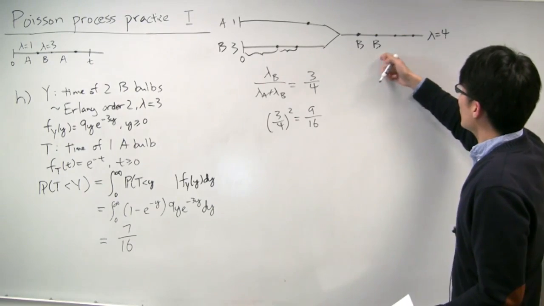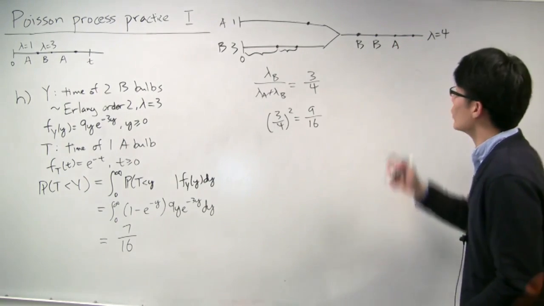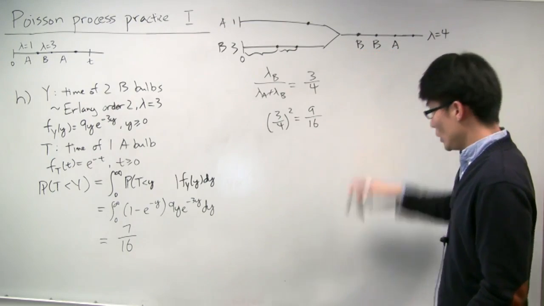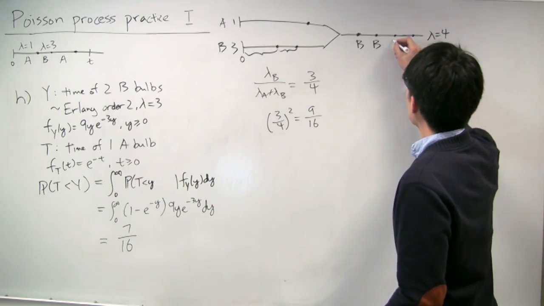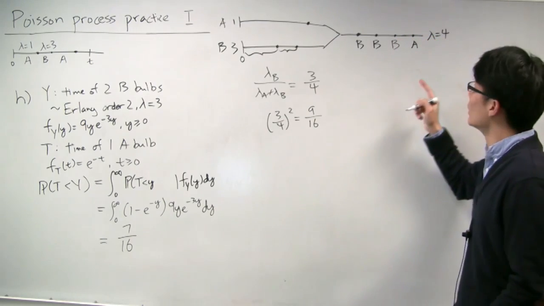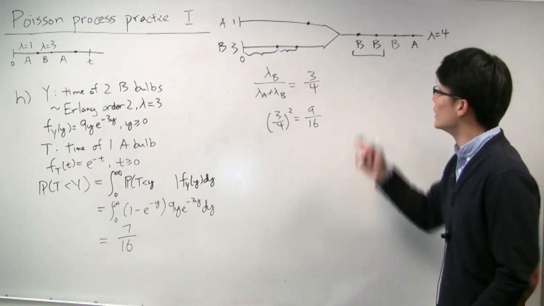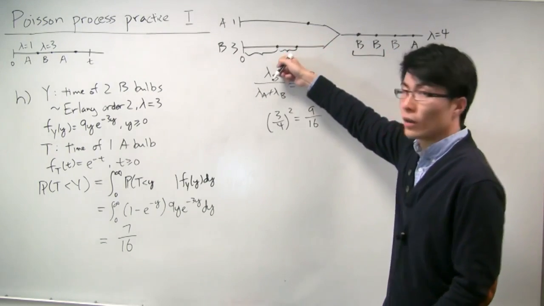And notice that it could be the case that the very next arrival was type A, in which case the one type A bulb lasted longer than both of them. Or it could also be the case that there were more type B bulb arrivals until the first type A bulb. But it doesn't matter. As long as the first two were both type B, that guarantees that the single type A bulb lasted longer.